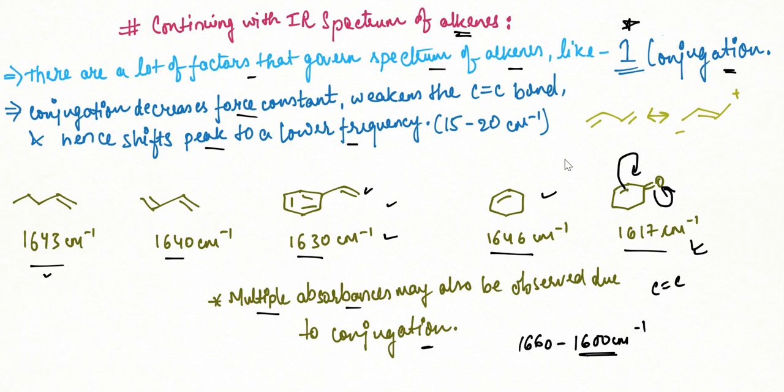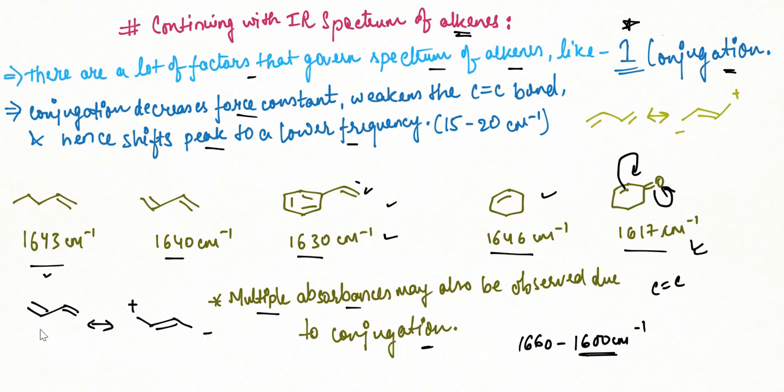So basically there is one peak for the carbon-carbon double bond over here, but there can be multiple peaks also, because there is a resonance structure basically. So if I'm drawing the resonance structure like this of, let's say, a 1,3-butadiene system, then it is also going to be like this.